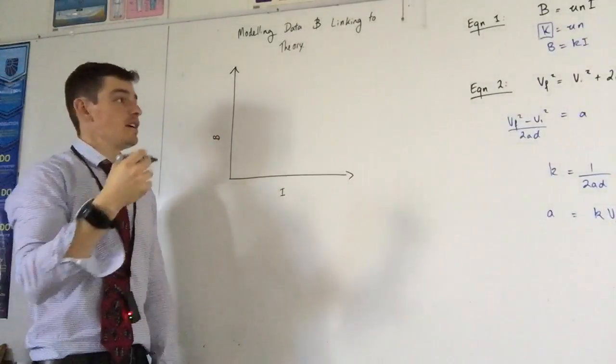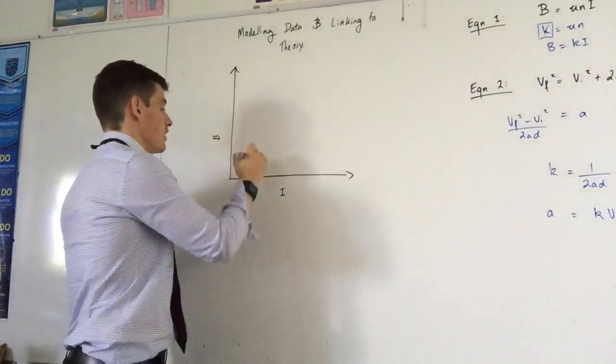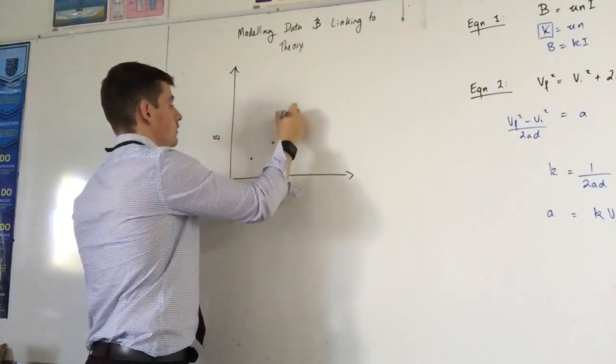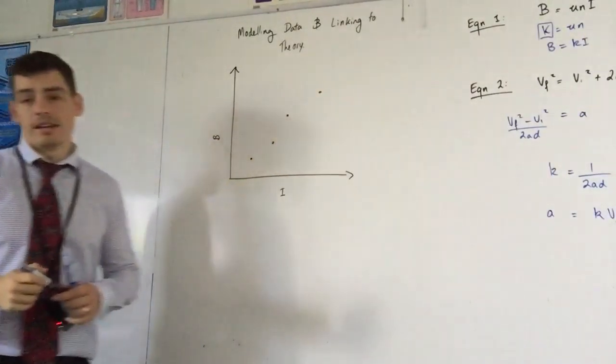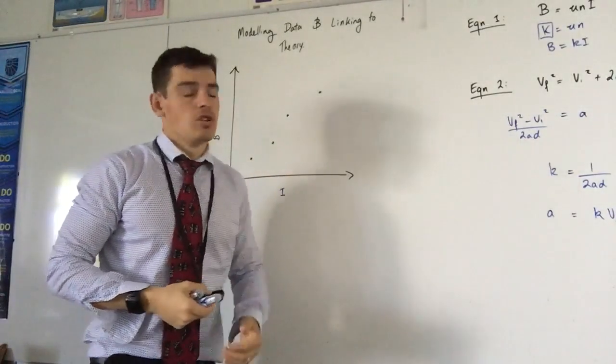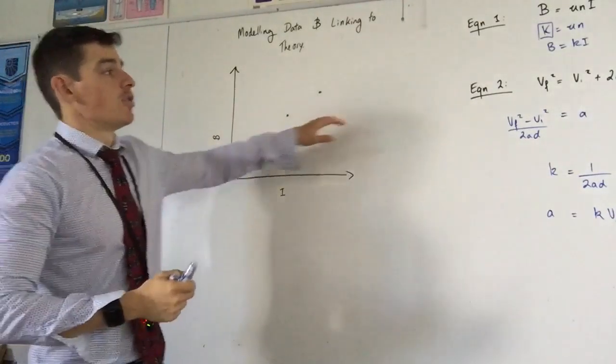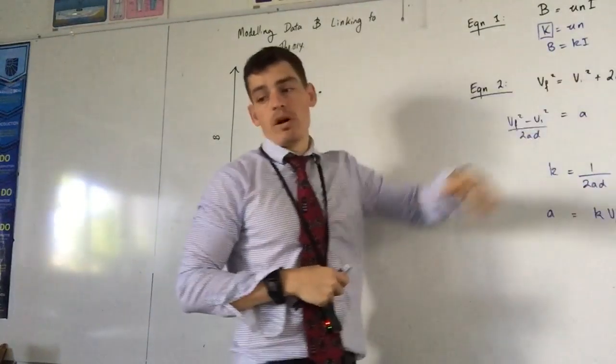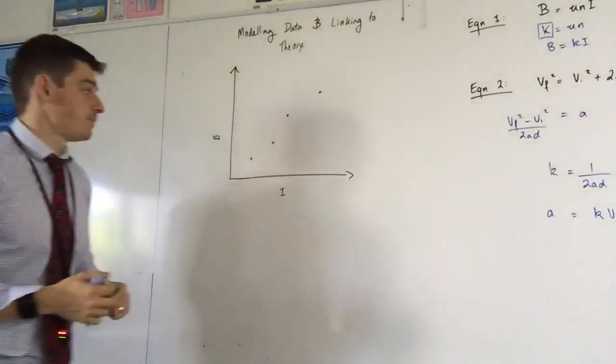It is just B equals Ki. So the equation B equals Ki should provide a linear relationship. How did I get the expected equation? I rearranged it so that my dependent variable, my B, was by itself on one side of the equation.